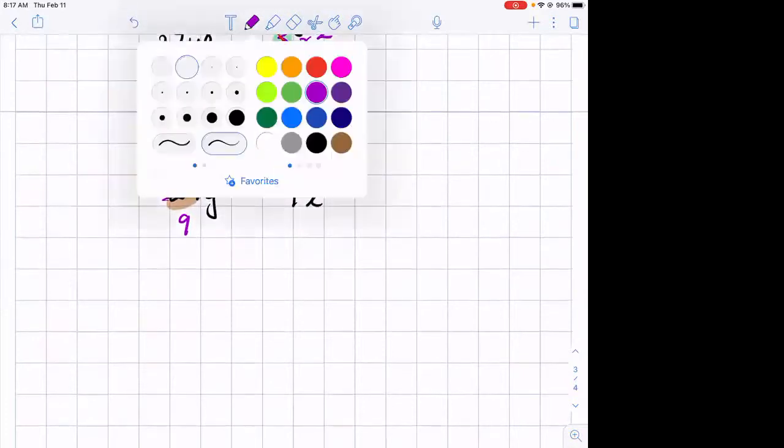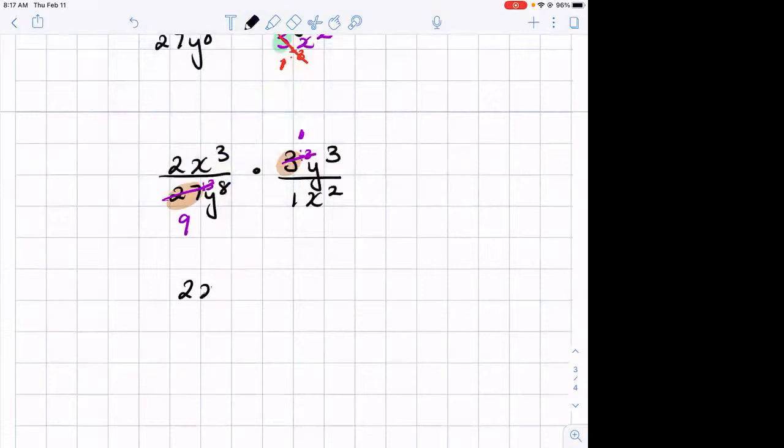So in terms of the numbers, I have 2x cubed over 9y cubed times, no, it wasn't a 3, it became a 1, 1y cubed over 1x squared.